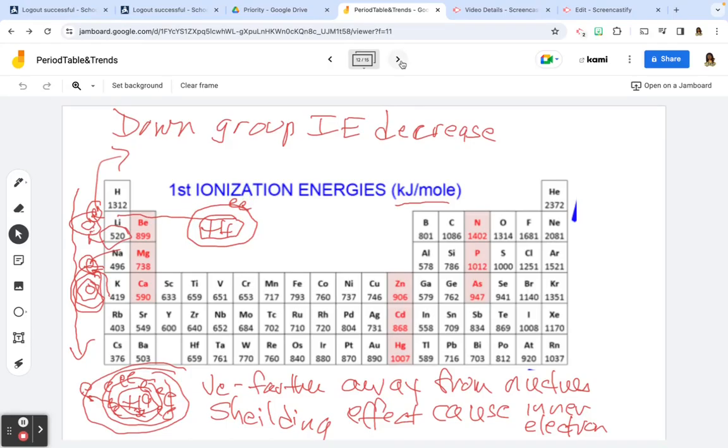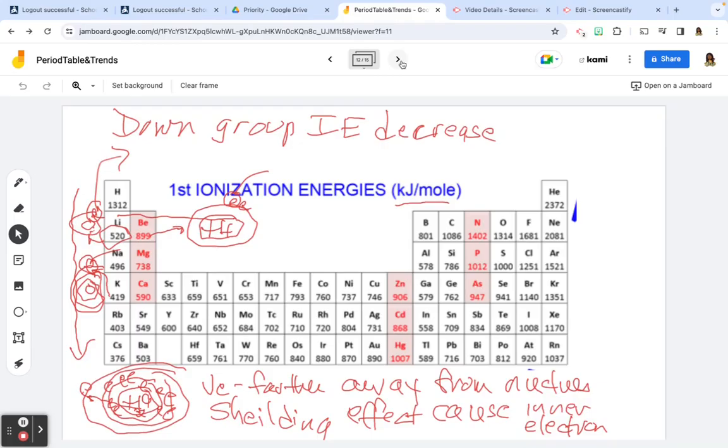To lose just one of them, 899 kilojoules have to be supplied to this atom. Because the atom is smaller and there's less shielding effect, the nucleus has a stronger hold over the valence electron.